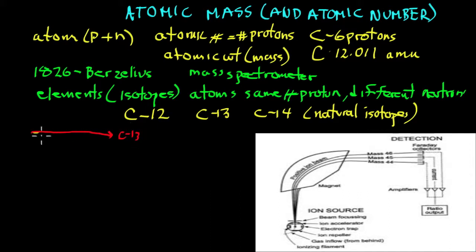So carbon-13 will be deflected less than carbon-12, and I'm exaggerating. Now, carbon-14, there's such a small amount that we're going to ignore it right now. It's called trace, it's insignificant.